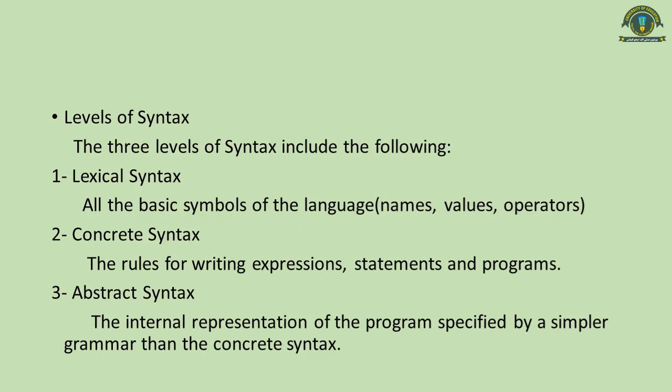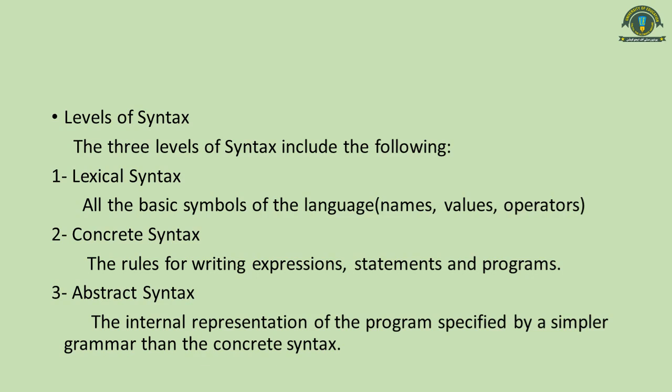Levels of syntax. Three levels of syntax include the following: lexical syntax, concrete syntax, abstract syntax. Lexical syntax includes all the basic symbols of the language, all the lexical items: the names, the values, operators.